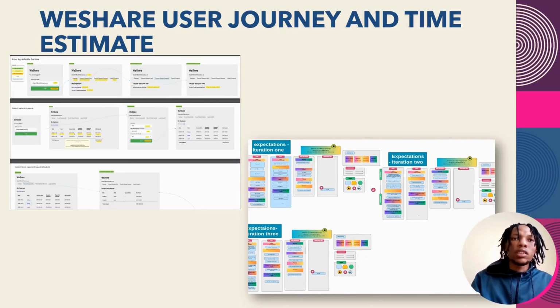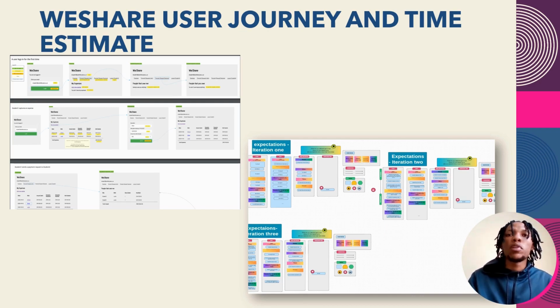As you can see in this next slide, we have our weShare user journey, which shows the flow of all the components included in our weShare app: your login screens, your expense screens, your request payment screens, etc. And as you can see, we had an expectation for each iteration, which was 2 weeks per iteration.